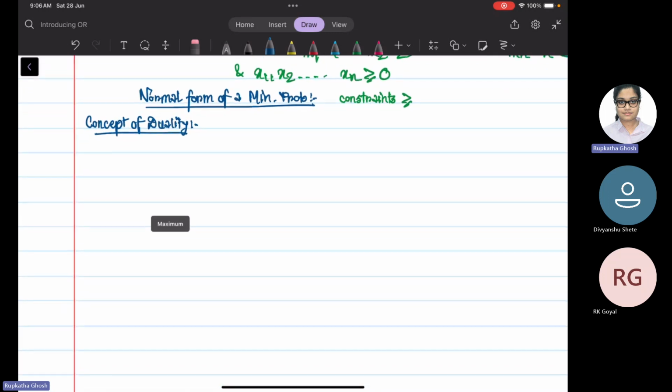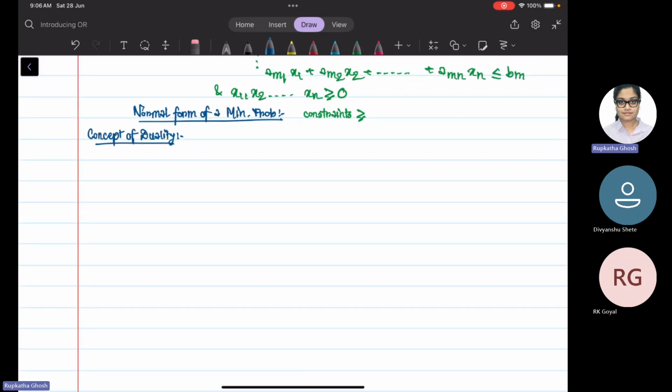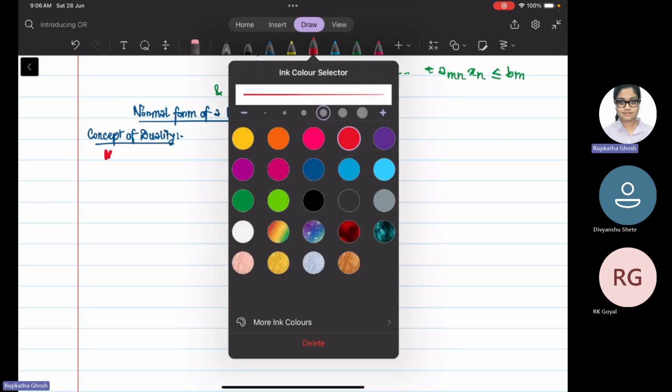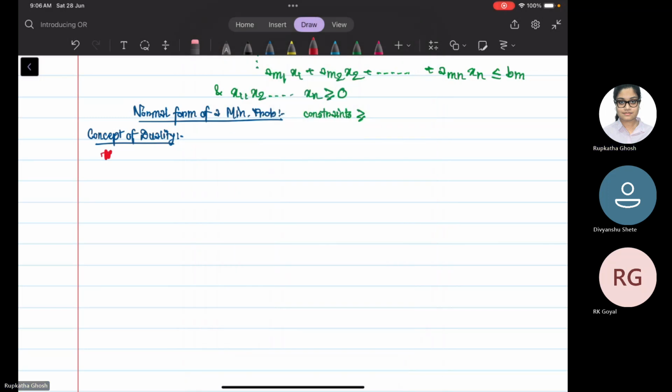Let's say there is some company X and it has a product mix problem. The problem is max Z equal to 300A plus 250B subject to 2A plus B less than equal to 40.